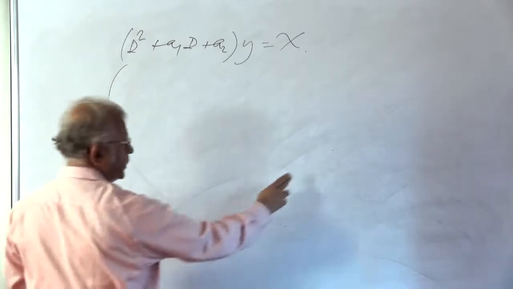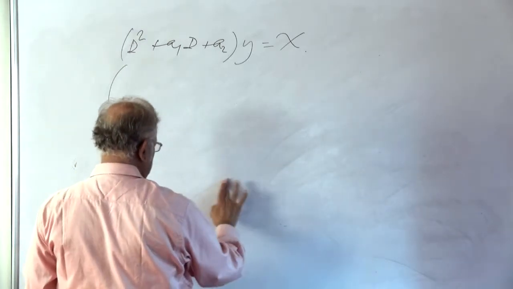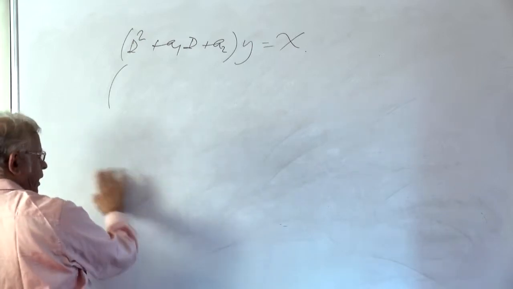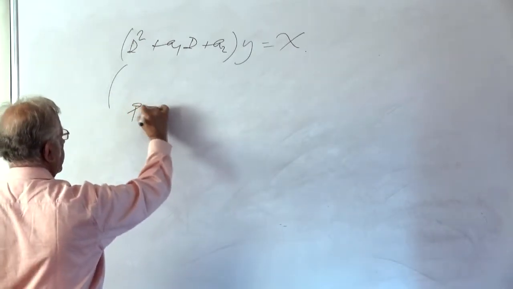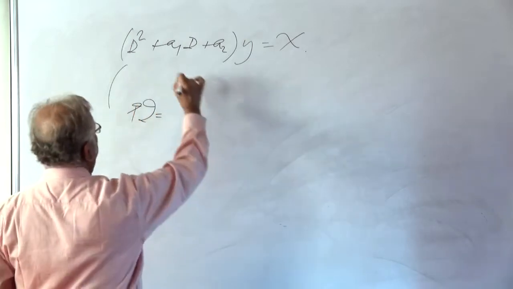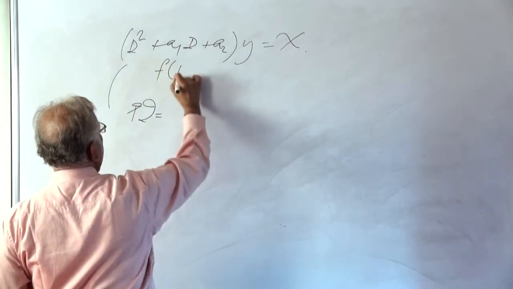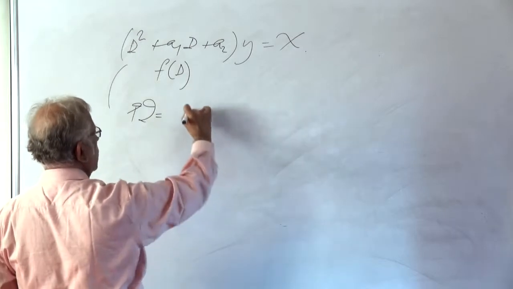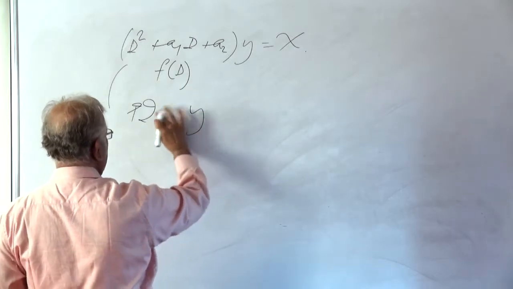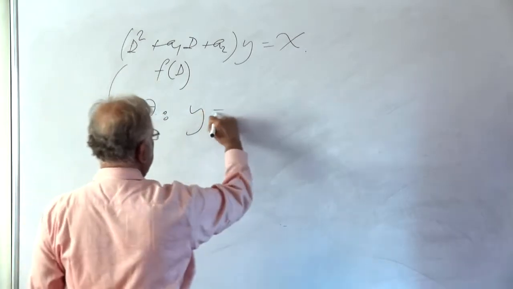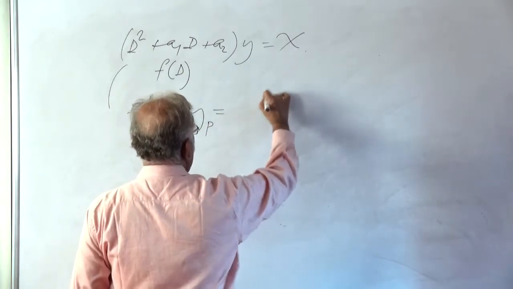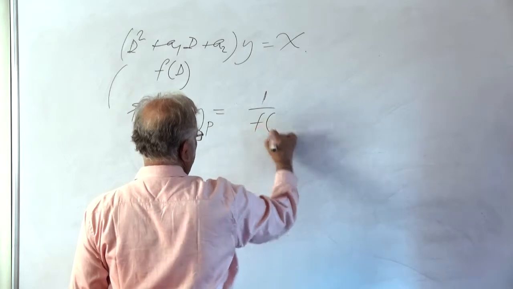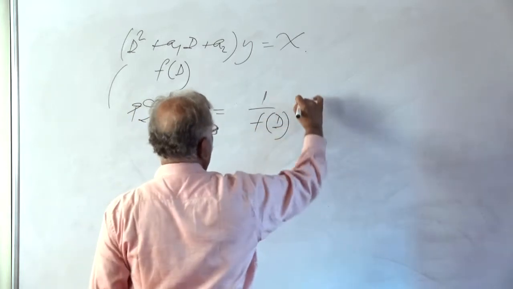We remind ourselves many times of the complementary function and particular integral. Now, the particular integral, if I call this F(D) y, is equal to, in fact, y p equals 1 by F(D) operating on X.